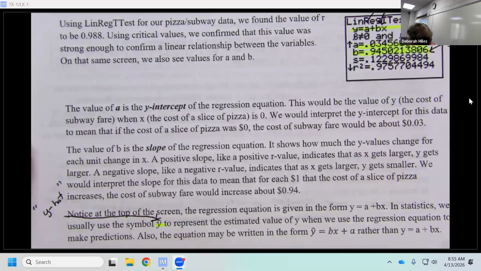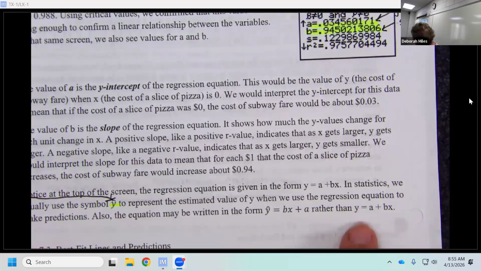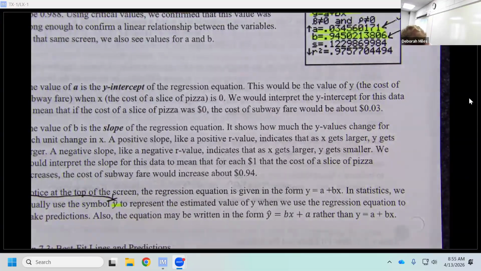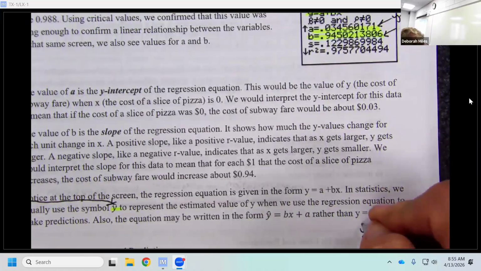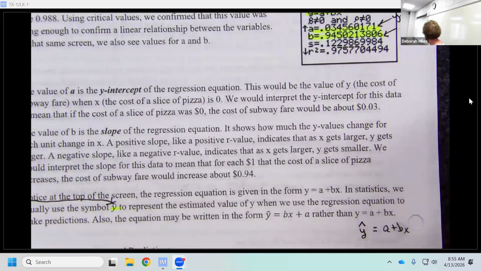So instead of writing it Y equals A plus BX, we can write it Y hat equals A plus BX.